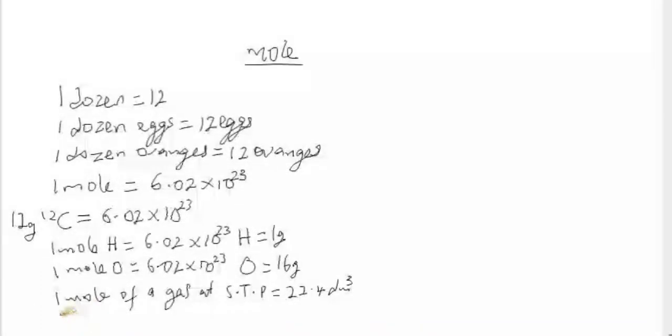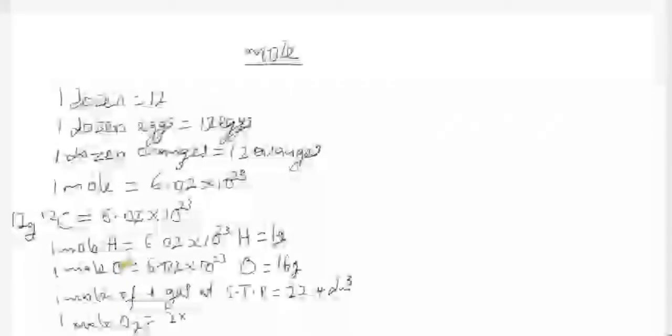But there's something we must know. For instance, if I should say 1 mole of oxygen gas, O2, will contain how many particles? But it's obvious, just look at it very well. O2 contains 2 times O. So therefore, the number of particles that this will contain should be 2 times, because O here is 1, here O is 2.